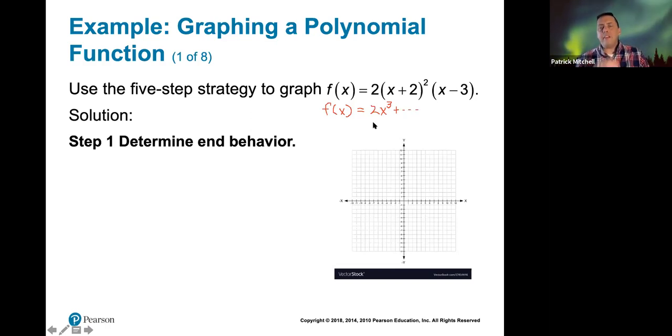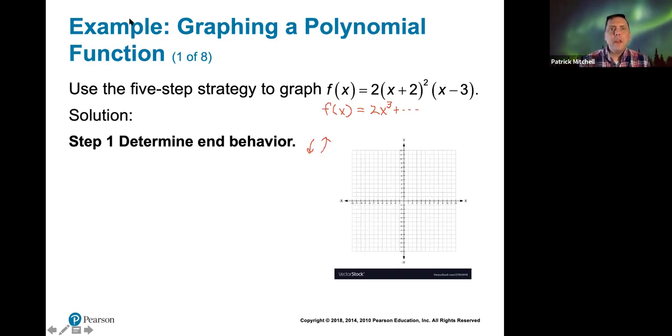All I really needed to know right now is that the degree of this polynomial is odd and the leading coefficient is positive, which means that the end behavior is like this, isn't it?